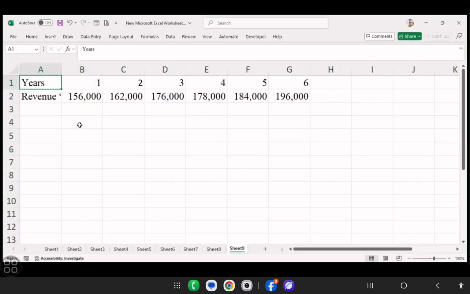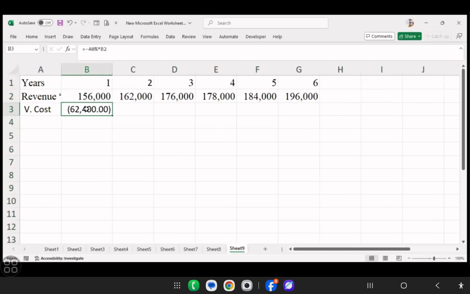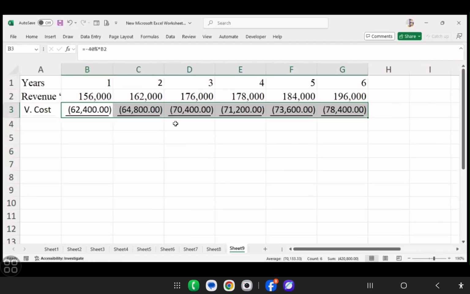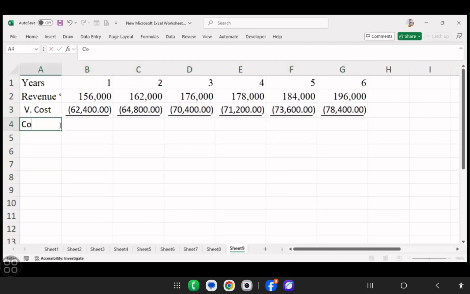I have the variable cost at 40%. So this is 40% multiplied by this, but I need to minus it like that. So I'll control here. This is contribution.